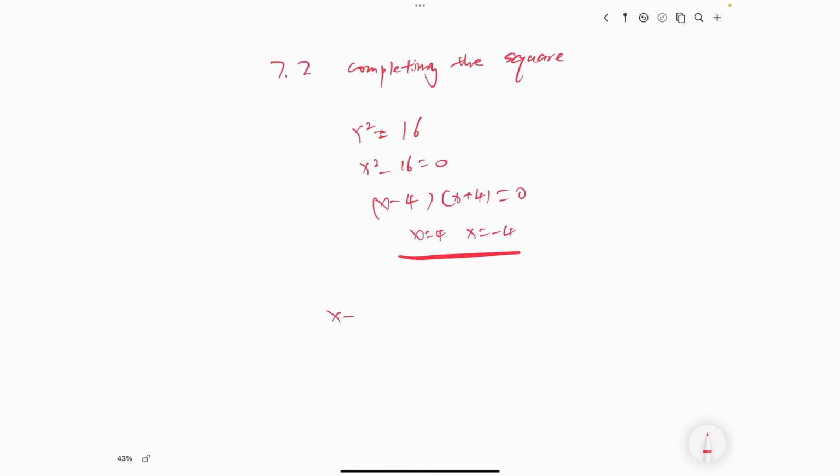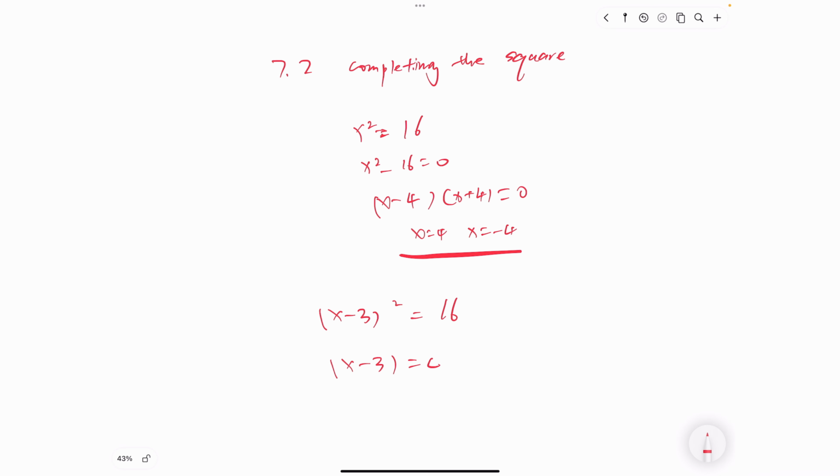If we have x minus 3 squared equals 16, x minus 3 could equal 4, or x minus 3 equals negative 4. So x equals 7, or x equals negative 1.